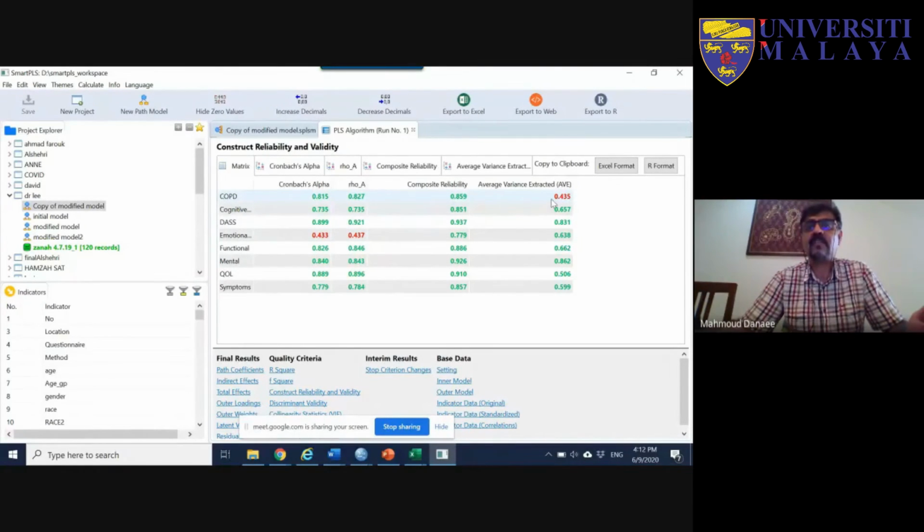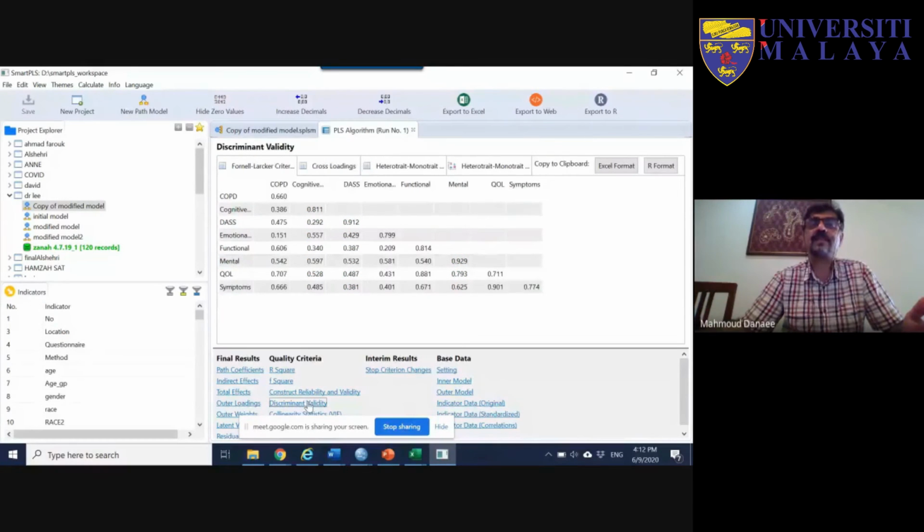And if the AVE is more than 0.5, then you can conclude that each construct has met the convergent validity. Besides that, as you can see here, we have discriminant validity. Discriminant validity can also be assessed by the Fornell-Larcker criterion, and also the HTMT, heterotrait-monotrait.